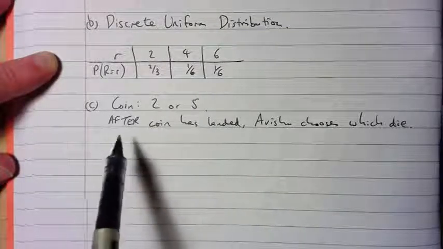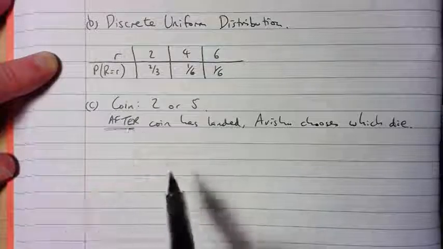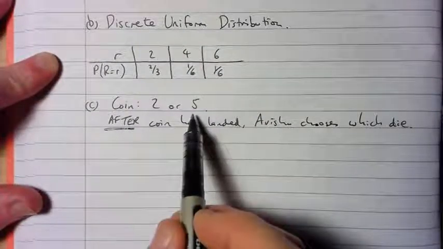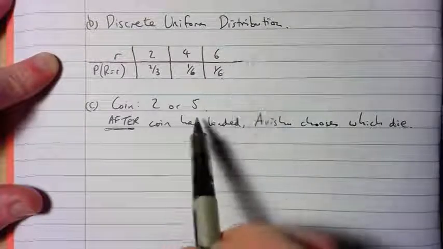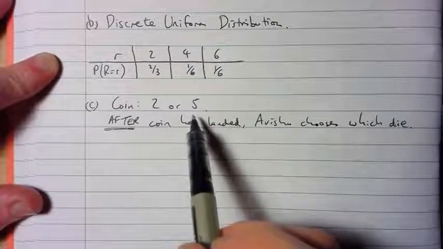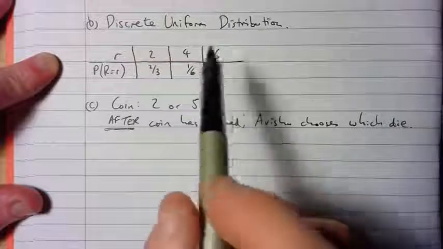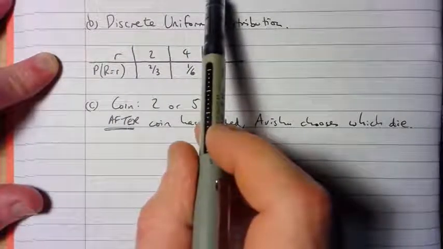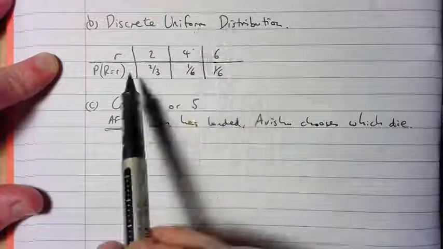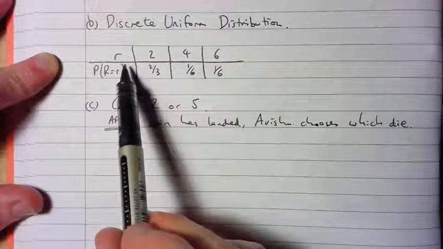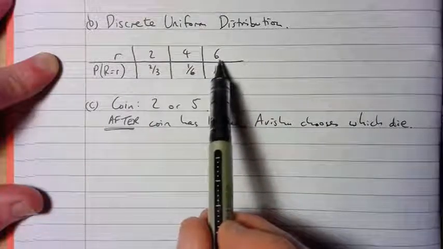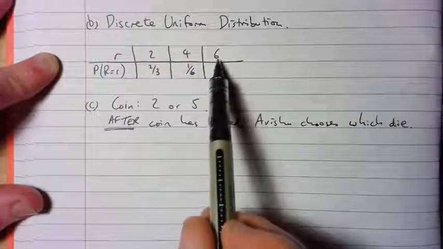Okay. Now the fact that it's after the coin has landed is really important, because if it lands on a 5, then she's got to try and beat that score, she's got to be greater than that score. If she rolls the blue die, it's impossible for her to get a score greater than 5. Whereas at least if she throws the red die, she's got a 1/6 chance of getting a value which is greater than 5.